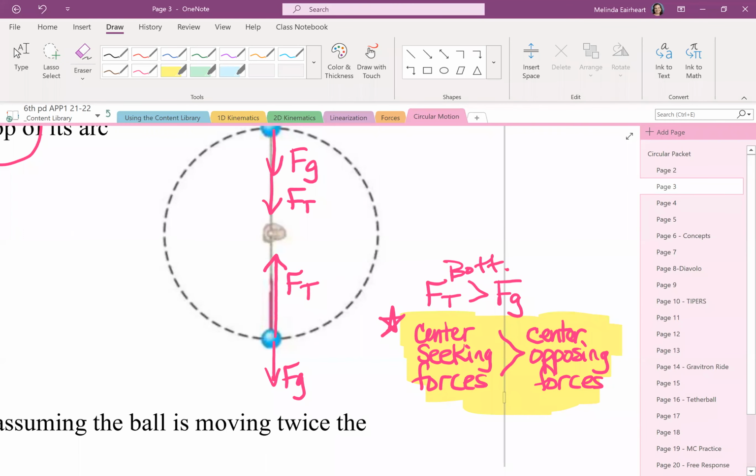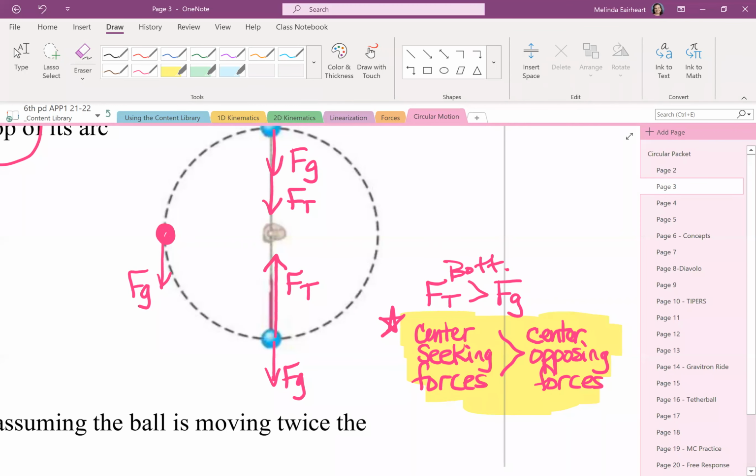Okay, bonus diagram time. Bonus, what about the side? What about the ball on the side? Same gravity and tension. Gravity always straight down towards the center of the earth. But when it's on the side of the vertical circle, what direction is tension pulling it? On this picture, it would be literally to the right.